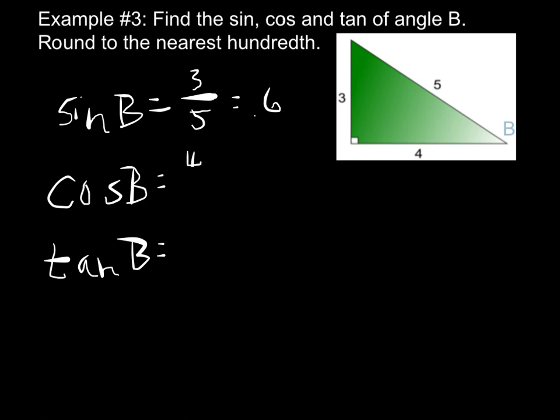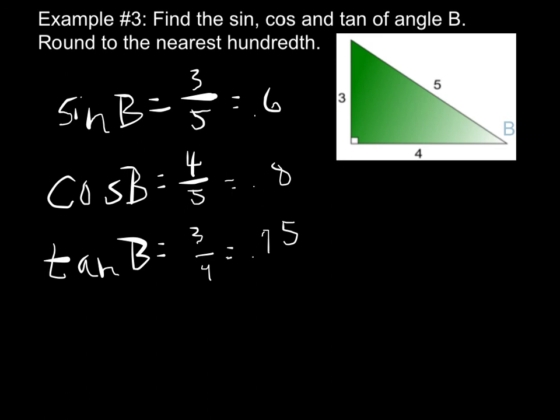Cosine would be 4/5, which is exactly 0.8. And finally, tangent would be 3 over 4 for angle B, which is exactly 0.75. Hopefully you were successful at those, getting sine, cosine, and tangent of that angle.